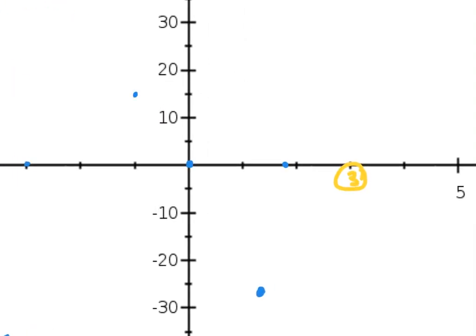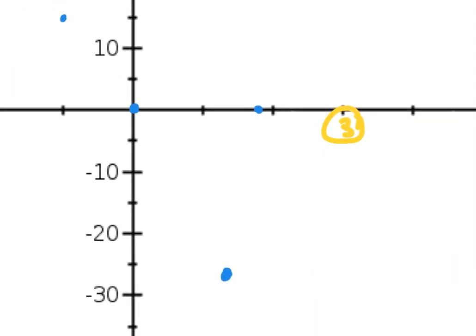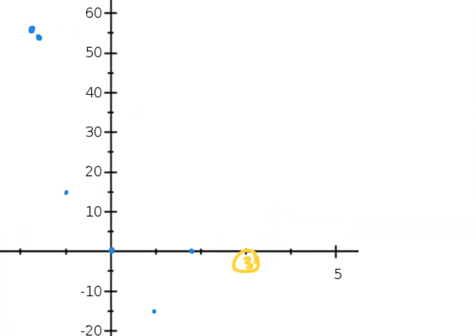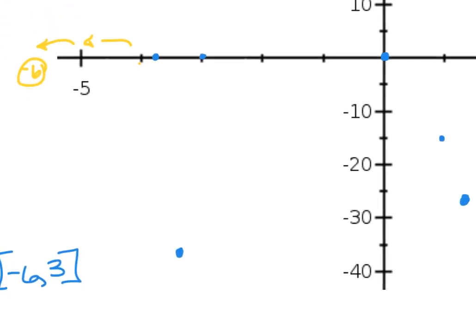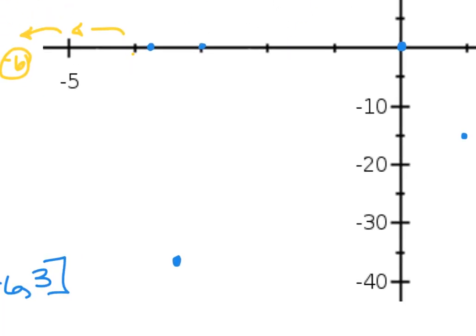+1, -16, that's another one that I can graph without too much difficulty. +2, and then +40 is right about there. And the 3 and 4 go up into the thousands fairly quickly. And you can kind of start to see the shape of the graph here. So go ahead and draw yourself a nice, neat curve through all these points.